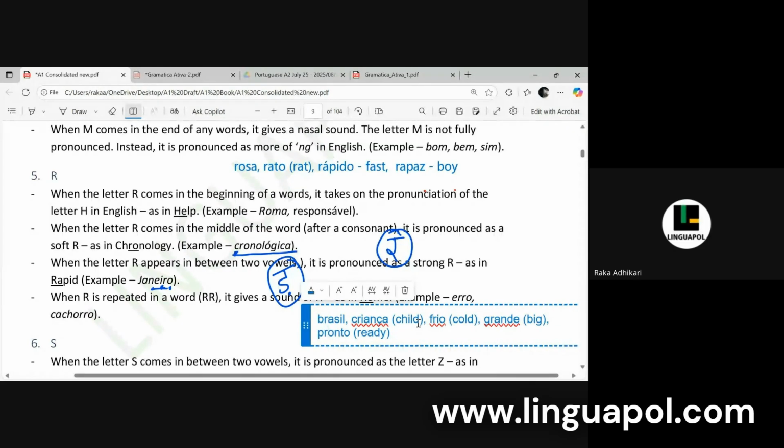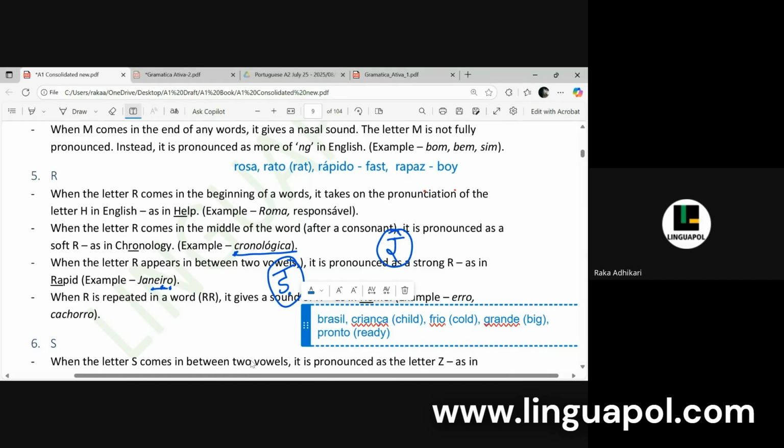Pronto, pronto. So in all these words you can see that the letter R is coming after a consonant. So here we are pronouncing the letter R as a very mild, very soft sound. But it becomes the opposite when R comes in between vowels. Like the word, for example, janeiro.